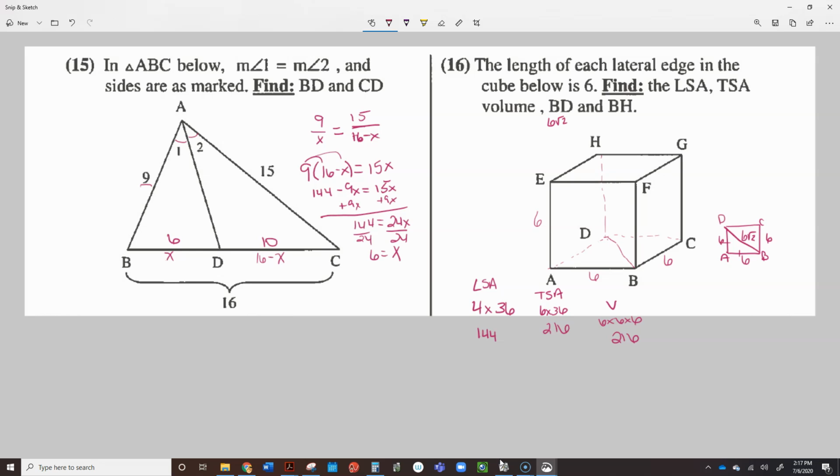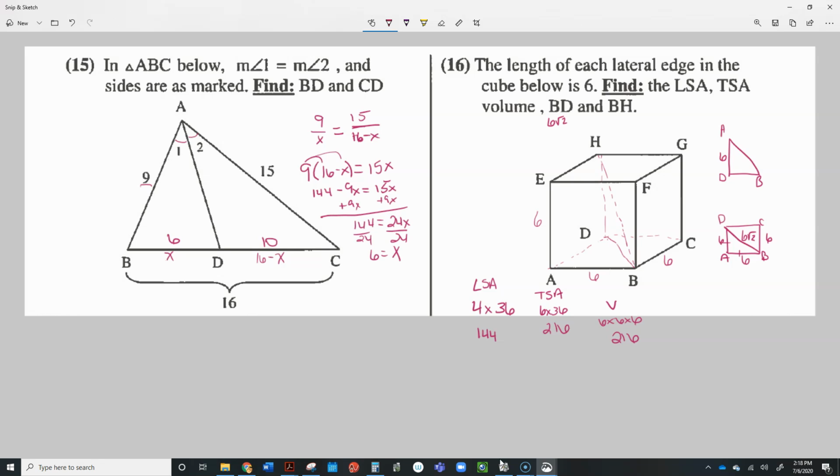And now BH, okay? BH is going to be the diagonal that goes there. So you can kind of see that right triangle that I have. This is HD, and then this is DB, and then this is BH.